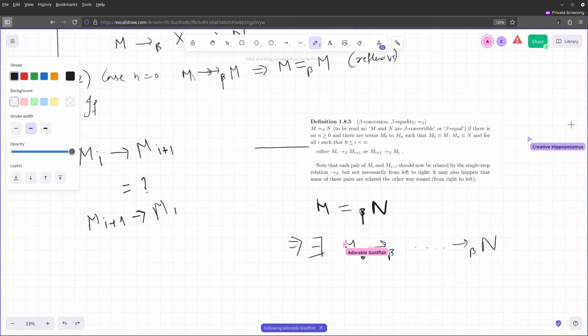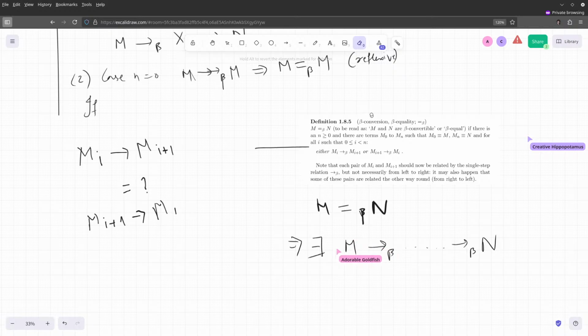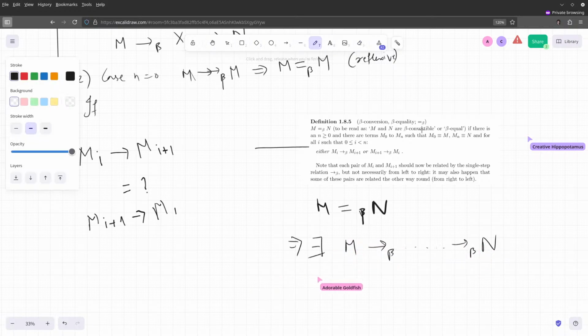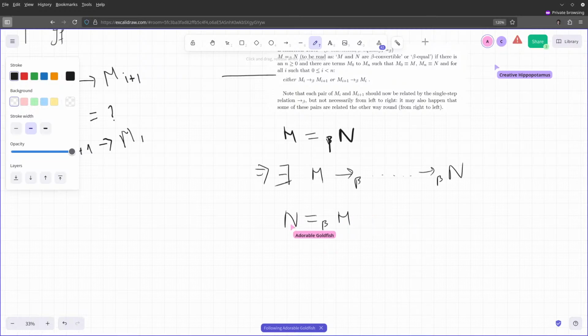Now, because this is true, and we want to say N is beta equal to M, we need to show that there is a chain from N to M in either direction.